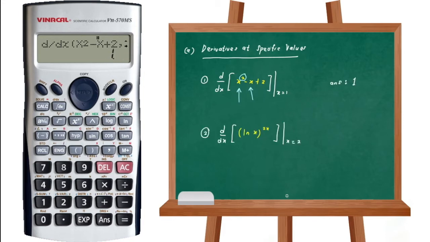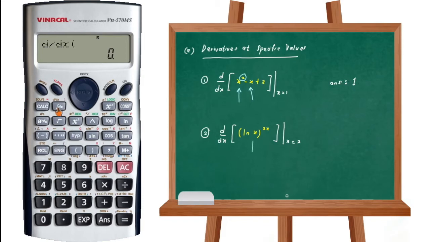Okay, now let's solve another question, which is the derivative of ln of x to the power of 2x at x equals 2. So we need to use the derivative function, press shift, and then followed by this button.